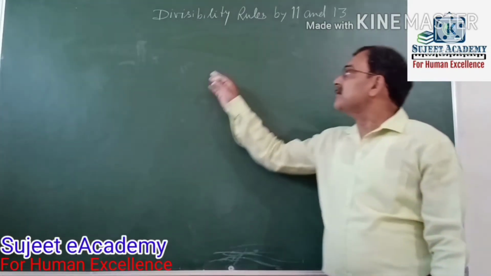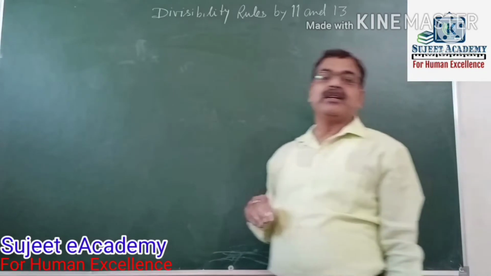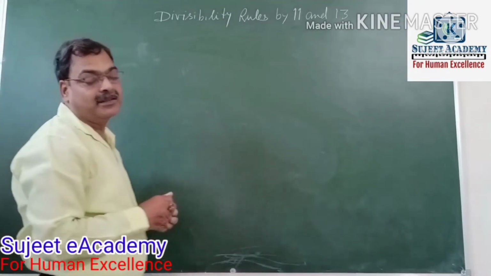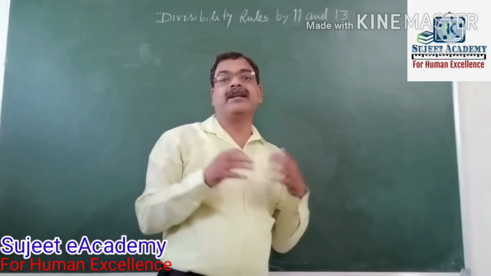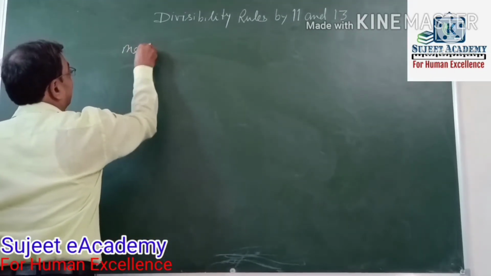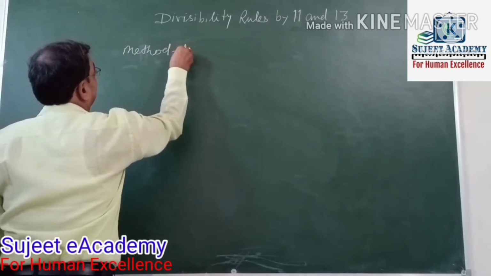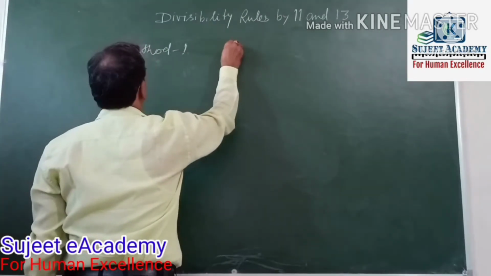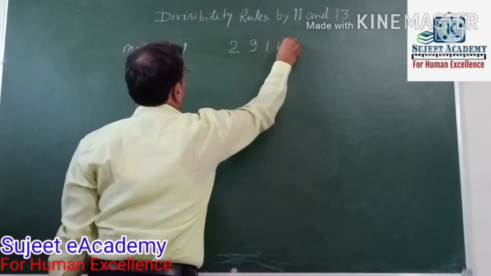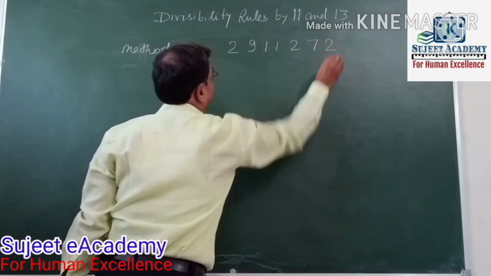Now take some examples to check the divisibility rule by 13. There are four different methods with four different examples. First method, to check the divisibility rule of the number 2911272.